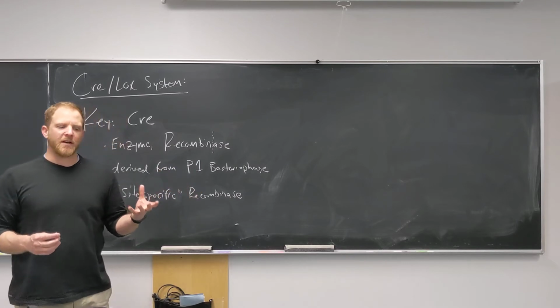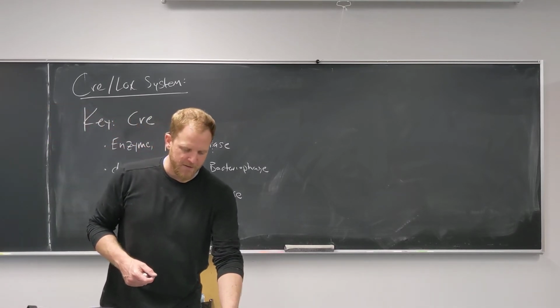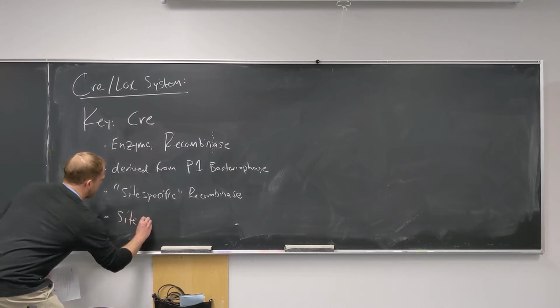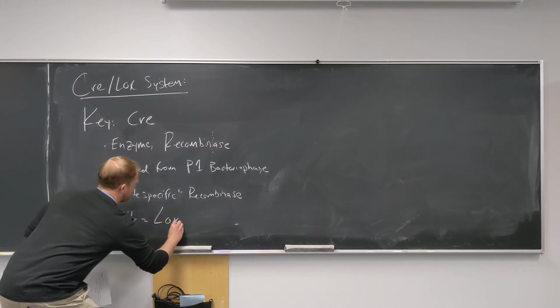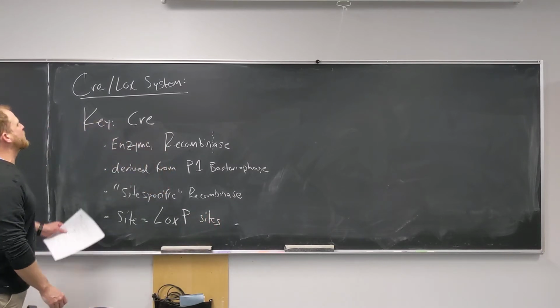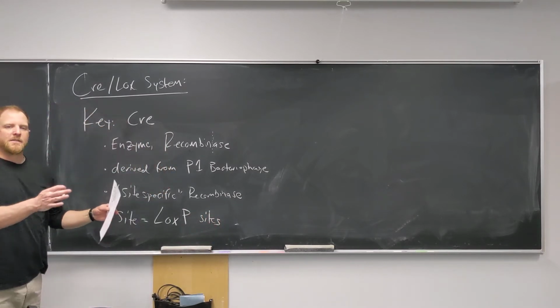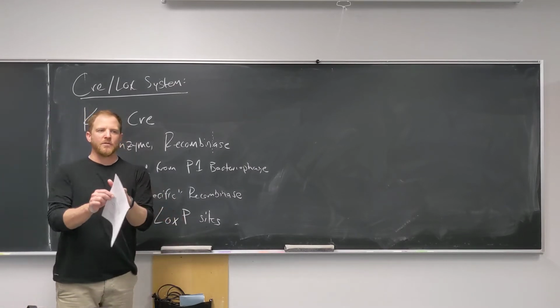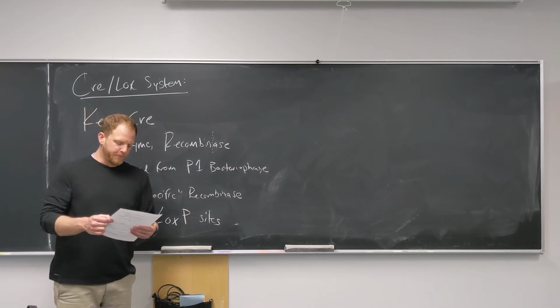And that brings us to the other part of this Cre-Lox system. So the sites are what are known as loxP sites. It's Cre-Lox. Cre is the recombinase. Lox is a sequence in the DNA. By site, I mean this is an actual sequence in the DNA.